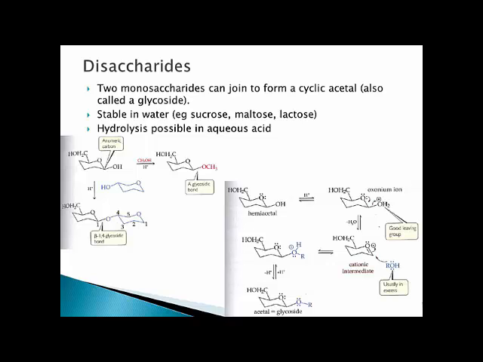Disaccharides are where you have two monosaccharides that are joined together. They're called glycosides. They're stable in water and they hydrolyze in acidic environments. So here's your anomeric carbon.